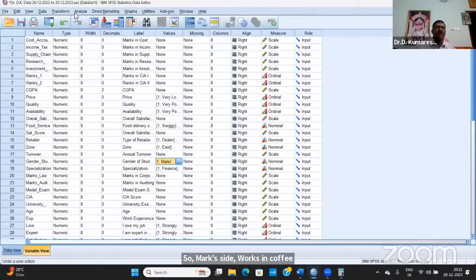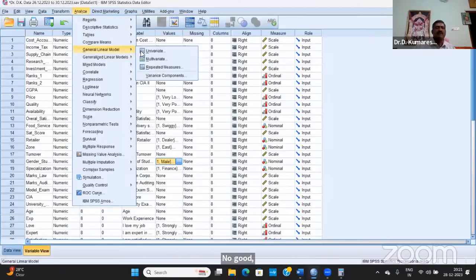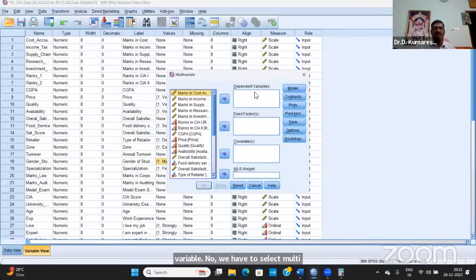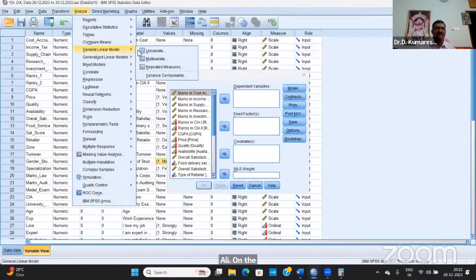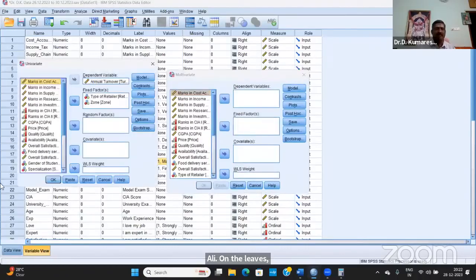Okay. Now go to Analyze. Again, General Linear Model. Earlier for two-way ANOVA, we selected Univariate because there was only one dependent variable. Now we have to select Multivariate. Now look at the size of the dependent variables box. Earlier, Analyze, General Linear Model, Univariate. Look at here.